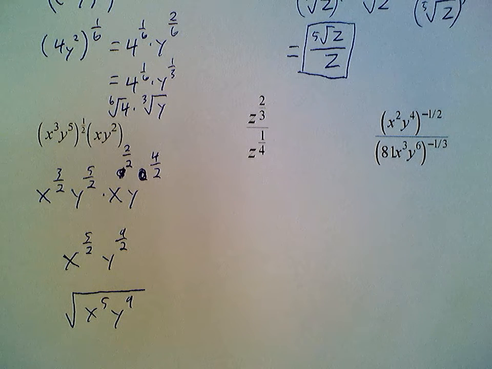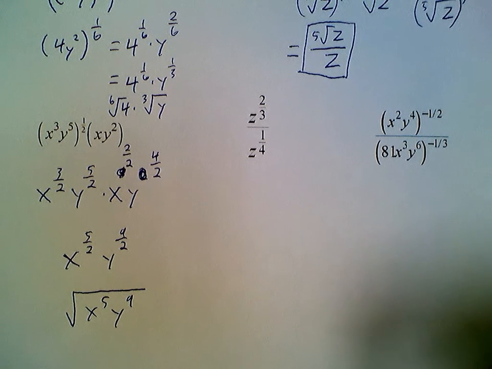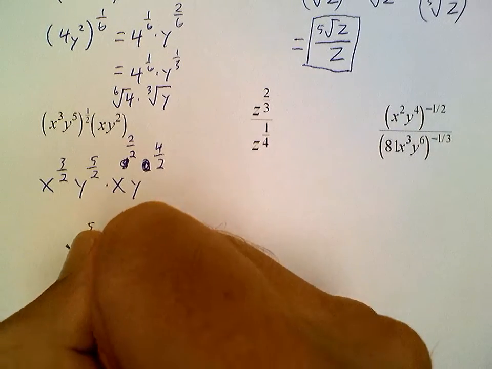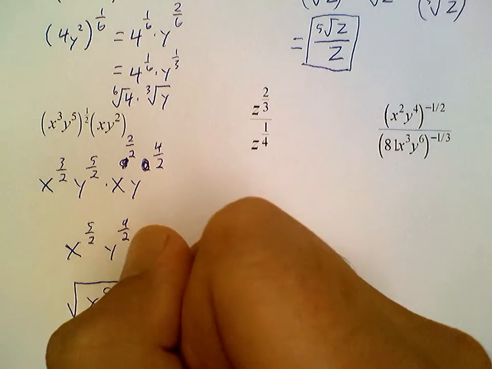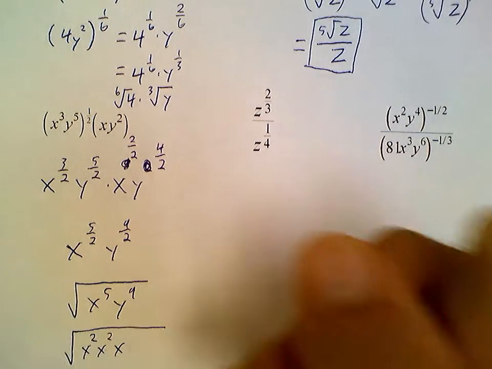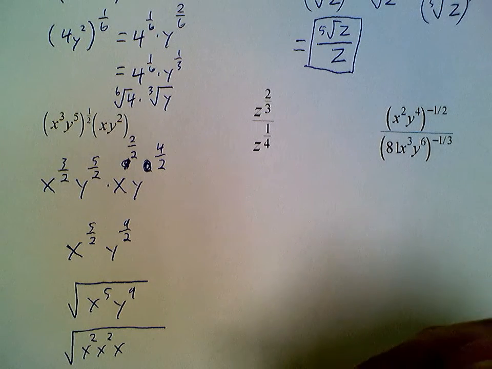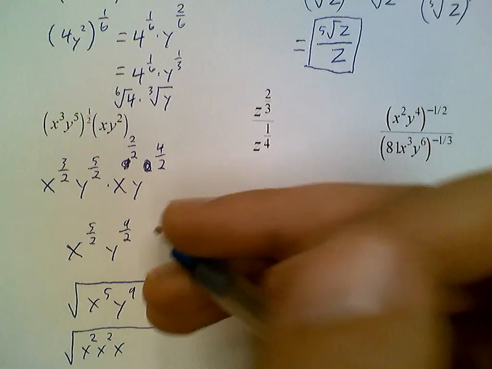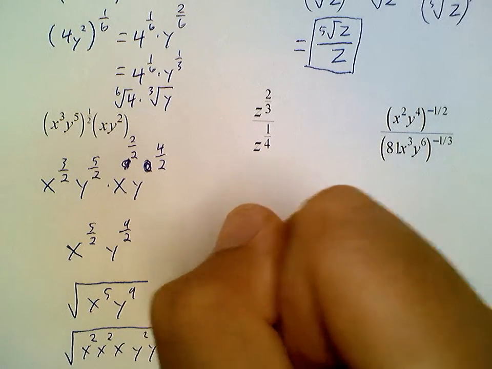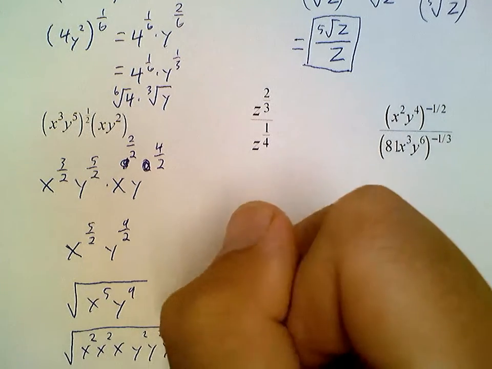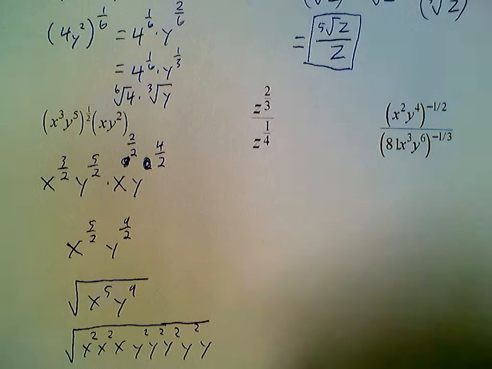And then you are actually able to take some things out of that square root, because remember, you can think of this as being square root x to the 5th. There's 2 groups of 2 that go in there, because you can think of it as x squared, x squared, x, and there would actually be 4 groups of y that are perfect squares. So you could have y squared, y squared, y squared, y squared, y. Add all that up, you get to 9.